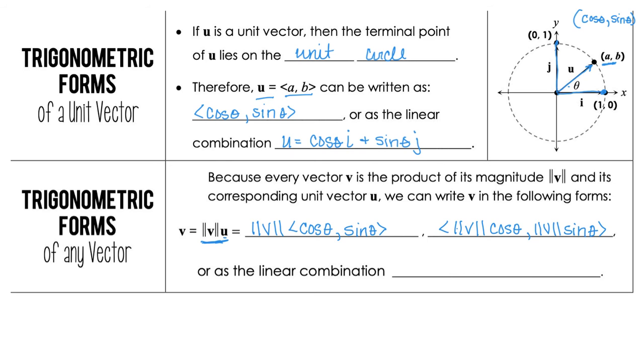Or you can go even further and write this as the magnitude of V cosine theta I plus magnitude of V sine theta J.